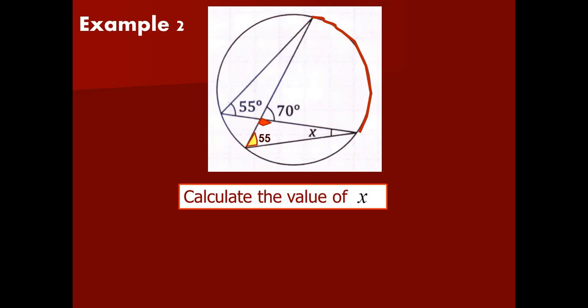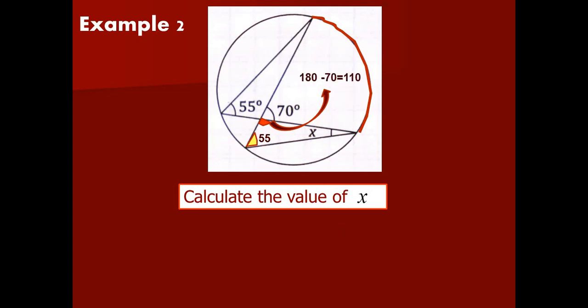Now we're going to calculate the value of x. X, 55 and this angle are in one triangle, right? One triangle is equal to 180 degrees.